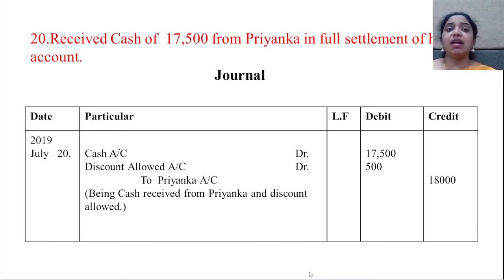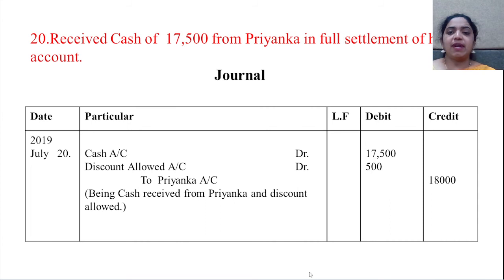But here it is given, received cash of 17,500. That means 18,000 minus 17,500. How much is left? 500. 500 is the discount allowed. So when you receive cash from Priyanka, the discount allowed is 500.